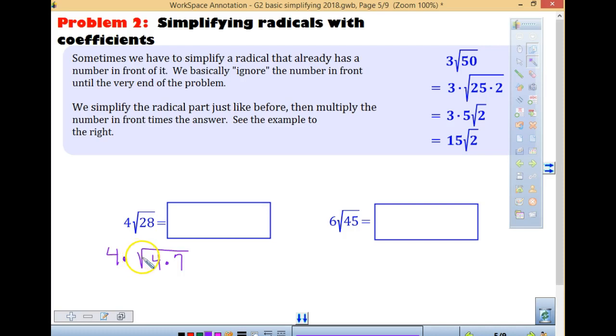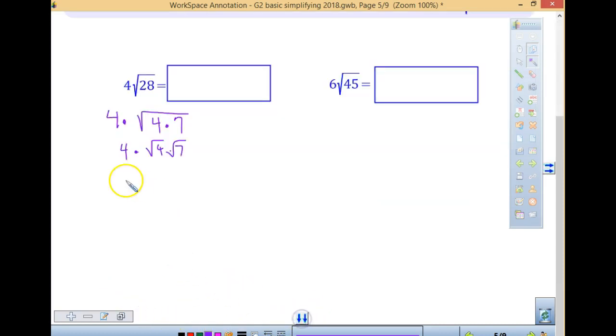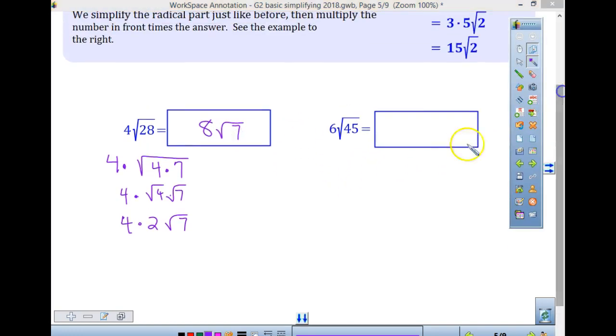Yes? Okay. So 4 times 7. So I'm going to have 4 times, I have the square root of 4, square root 7. I don't care if you write it separately like this, or if you go right to this step and say, oh, this is 4 times 2 times square root 7, which gives us 8 square root 7. Try the next one on your own.